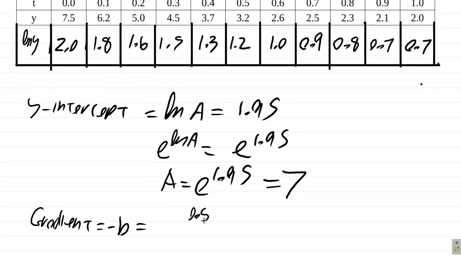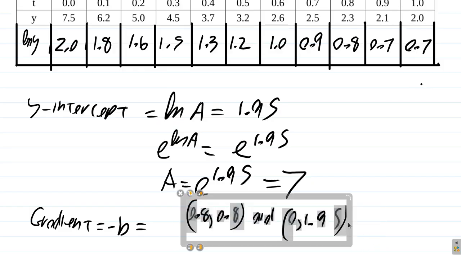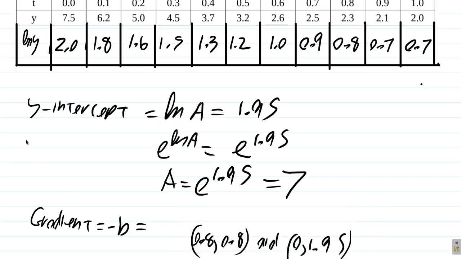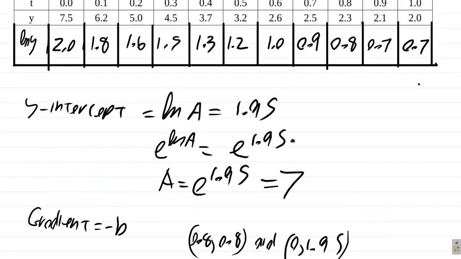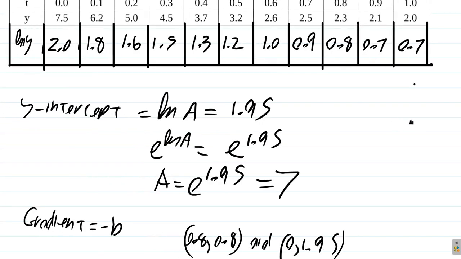Alright, 0.8, 0.8 and 0, 1.95. Going to, let me drag this down a bit to make space. I've run out of scrolling space, so let's continue over here.